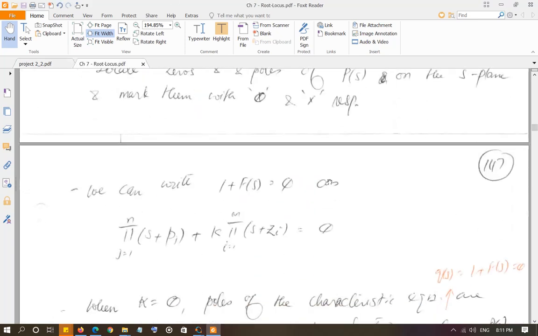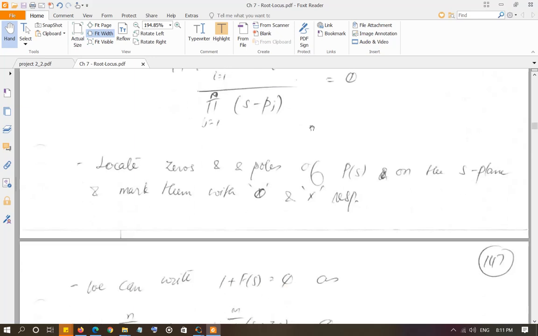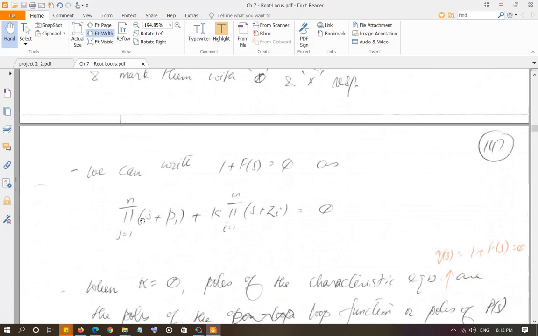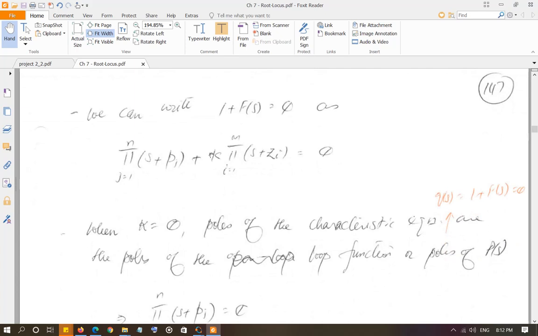Okay, so 1 plus fs equal to 0 can also be written as the product of all the poles plus k times the product of all the zeros equal to 0. So you just simplify this equation. So when k is equal to 0, what do you have? You have the product of all the poles equals 0.